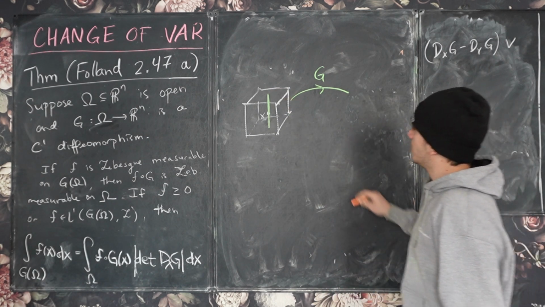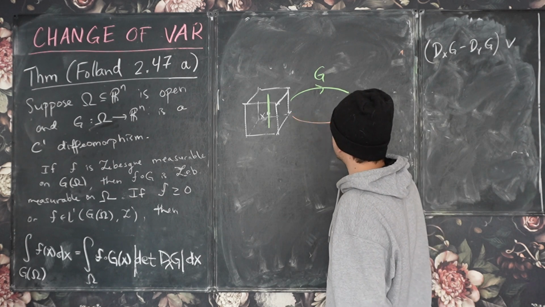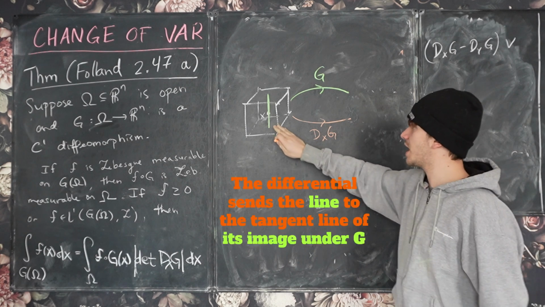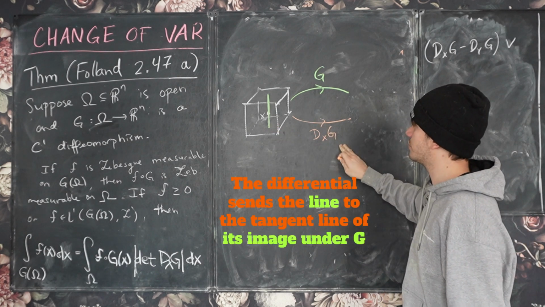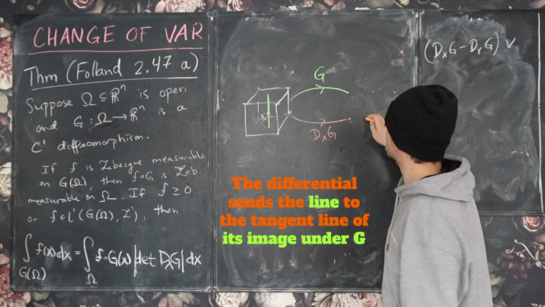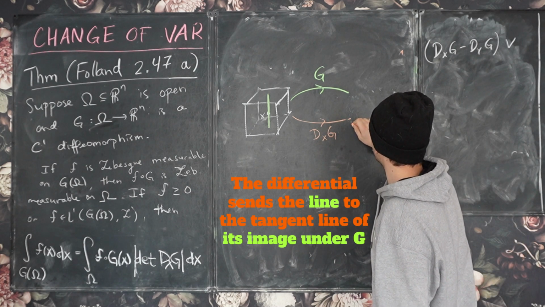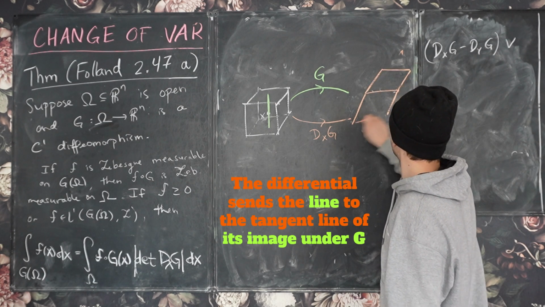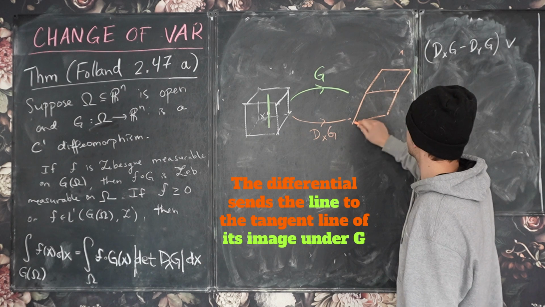First of all, where does dxg send it? Dxg sends this line to the third column vector of the Jacobian. Overall, the cube is going to get sent to a parallelepiped, as we discussed already, because the differential is truly a linear map.